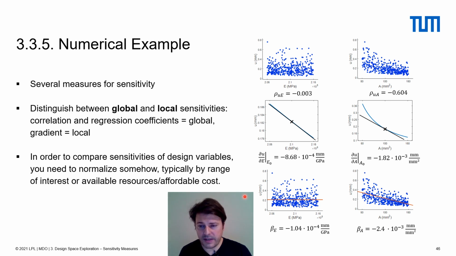And by normalizing them, you put in a weighting factor. Very important is also to remember that gradients give you information about local sensitivity, whereas correlation coefficients and regression coefficients are global sensitivity measures.